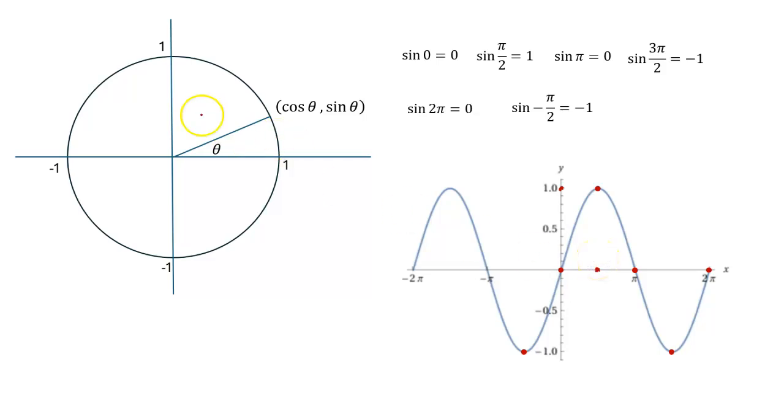And as you go from pi over 2 to pi, the x-coordinate is going from 0 down to -1, right? So that means this point here would be on the graph, (pi, -1). And what's going to turn out is the cosine is shaped just like the sine, but it's just shifted by 90 degrees or pi over 2. So if you track the x-coordinates, you're going to get something like this.